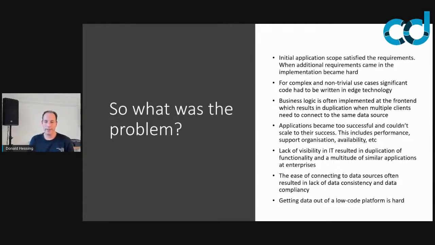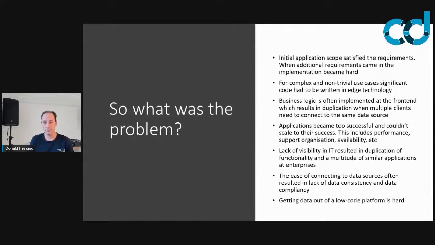Now, the ease of connecting to these data sources, and you will see that with the Power Platform as well, allows you to quickly create something, but it also comes with a challenge in terms of data consistency. So, for example, if you connect to multiple data sources, in one data source you store maybe table data, and in the other you store blobs or documents, then how do you keep this data consistent?